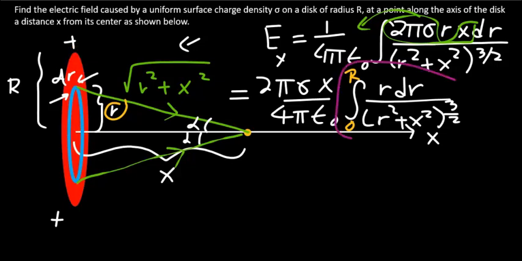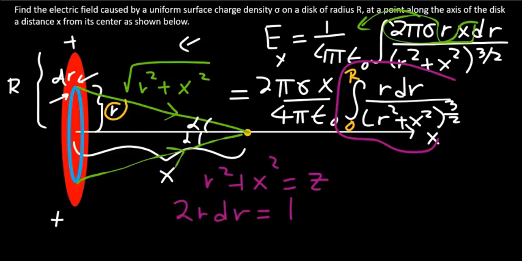Now let's just look at this integral. By substituting r squared plus x squared to be, say, z, you see that you get 2r dr equals dz. Now we can express this integral in terms of z.